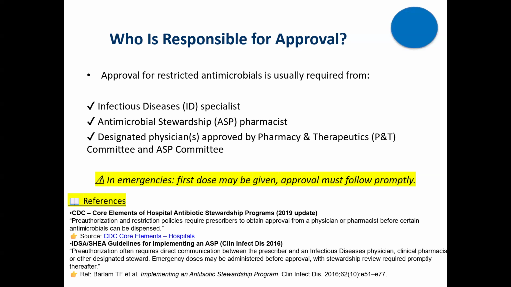Sometimes, due to conflict, some hospitals may use both personnel and implement a policy that needs the approval of two specialties: the designated physician according to the PTC or ASP committee, together with the infectious disease pharmacist or the ASP pharmacist.